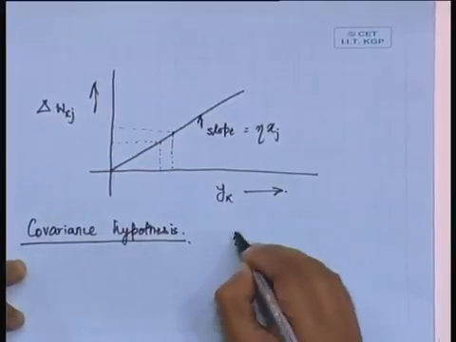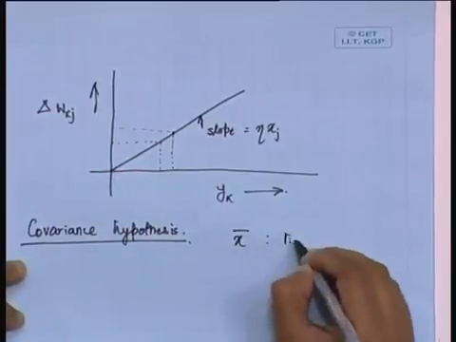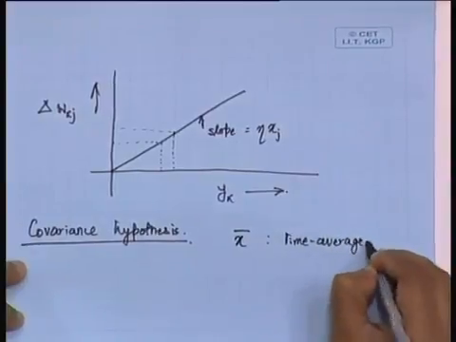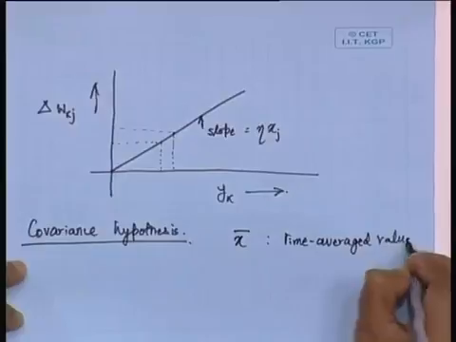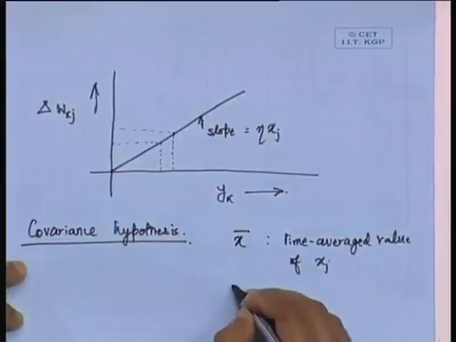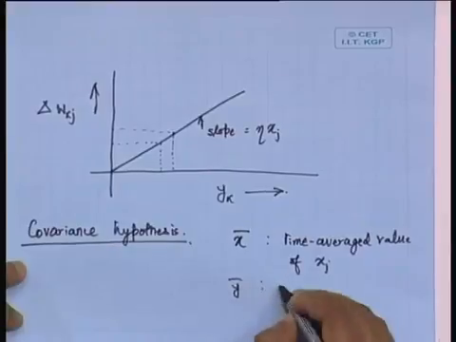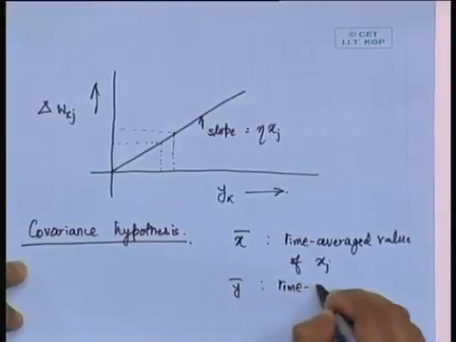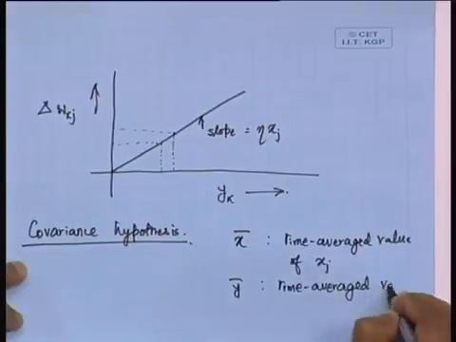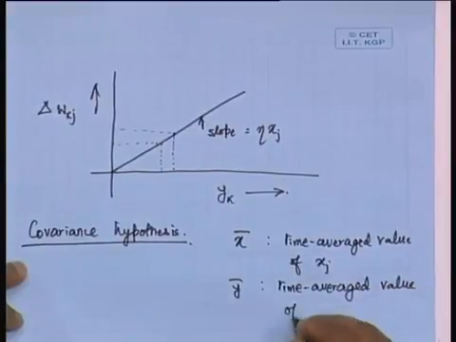Let us say that X bar is the time averaged value of Xj, and let us take Y bar to be the time averaged value of Yk, right.